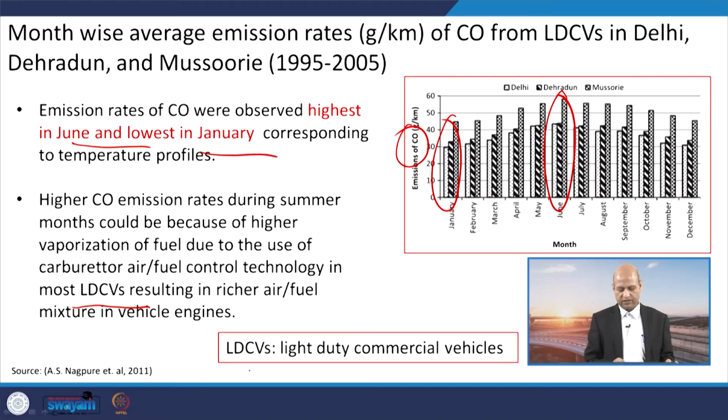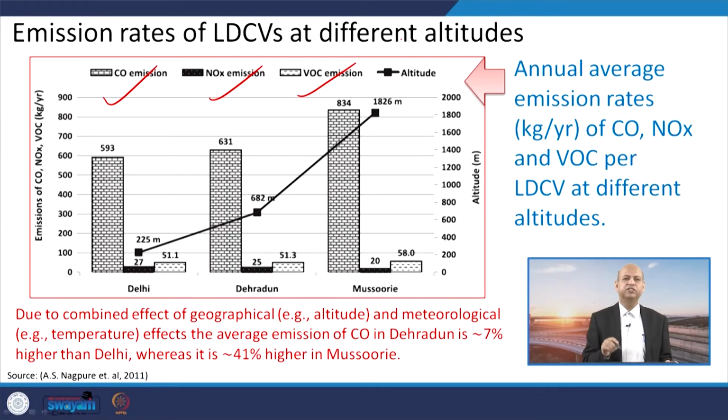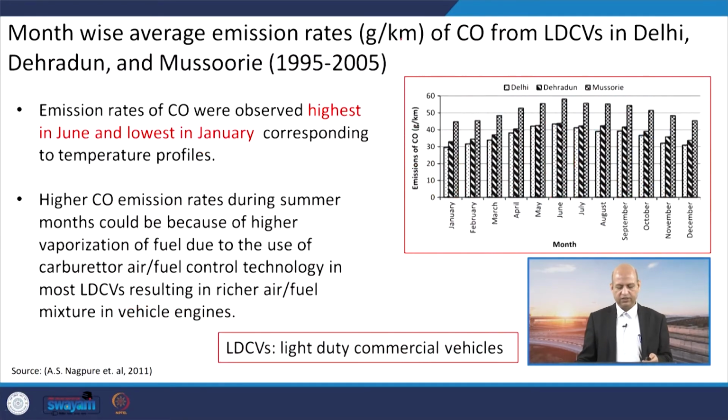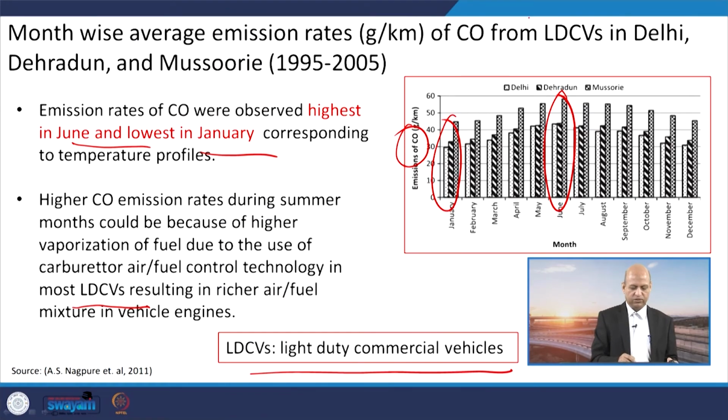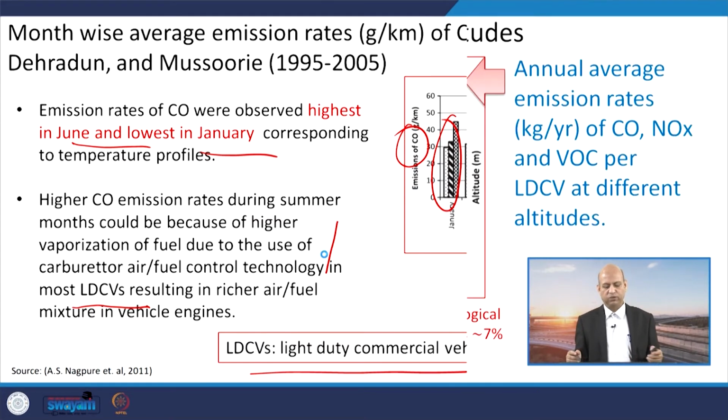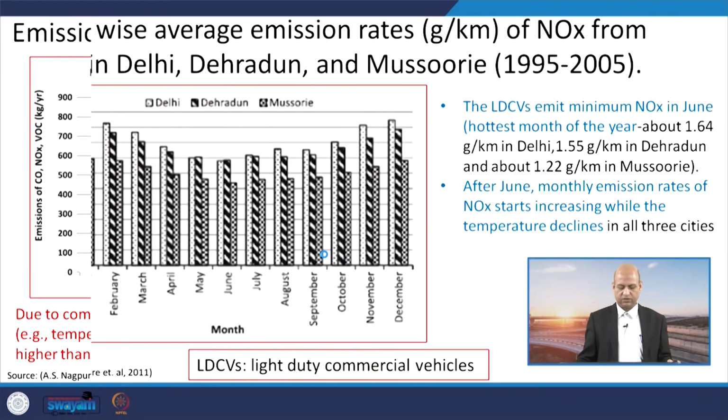Here this is emissions from light duty commercial vehicles driven by gasoline, which is petrol, as you saw in the last slide. And here the reason is also given: higher CO emission rates during summer months could be due to the high air-fuel ratio, those kinds of things.